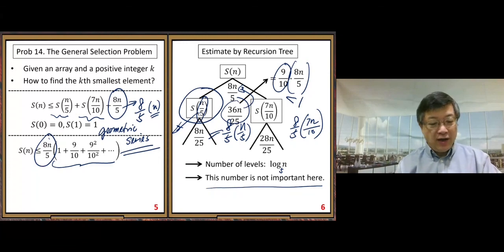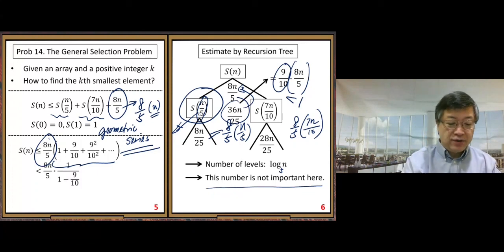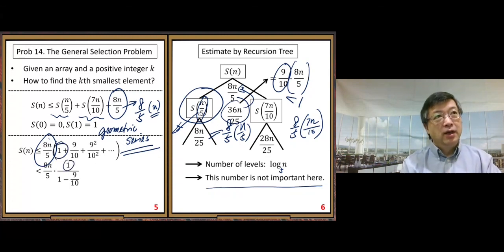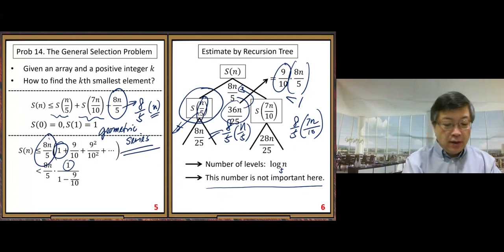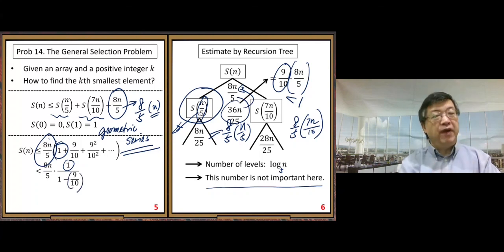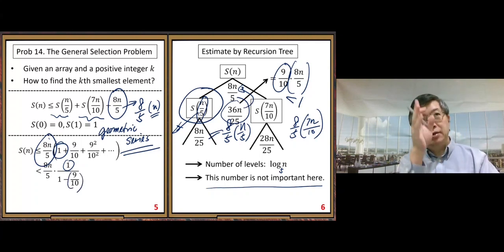All right. So here we have a formula for the summation of the infinite geometric series. The formula is the leading term 1 over 1 minus the common factor. 9/10 is the common factor, so 1 minus 9/10.